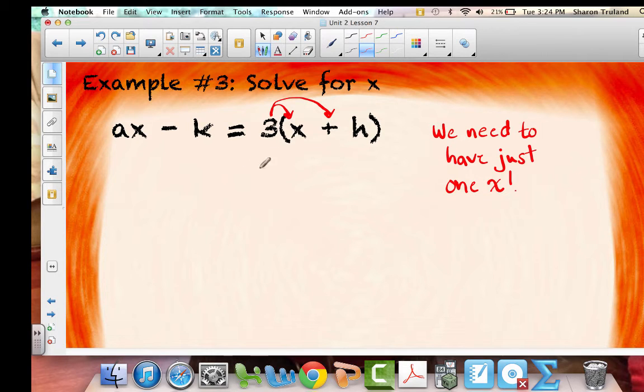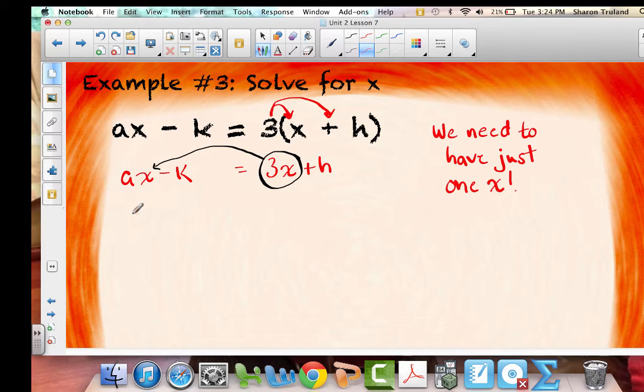All right, so if I multiply that out, I get 3x plus h. Oh my gosh, we still have two x's. All right, so I'm going to take this 3x and I'm going to put it over there with that x because we're combining like terms. We've done that in math before.